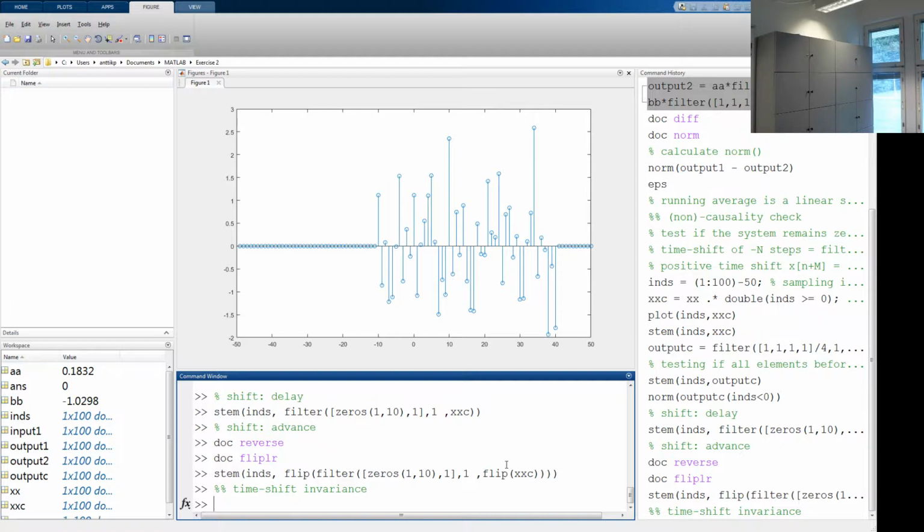Z2 minus k, going through that one. These two should be exactly the same. Okay, these should be the same. We are testing that. So the output for time shifted input should be the same as the time shifted output.